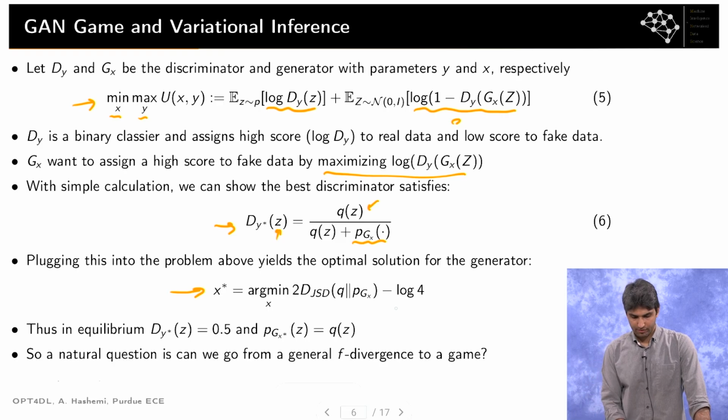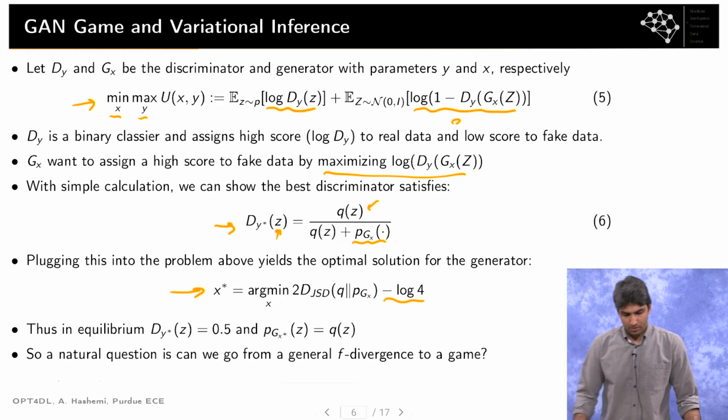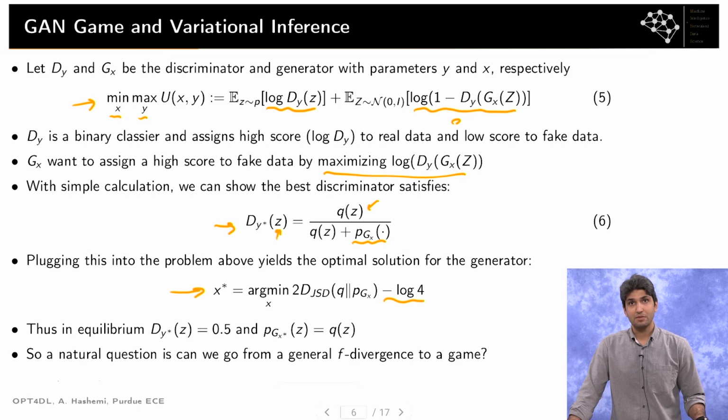So up to some constant, the optimal strategy is the one that minimizes the Jensen-Shannon divergence, one example of F divergence that we talked about before, between the distribution described by the generator as well as the underlying distribution.